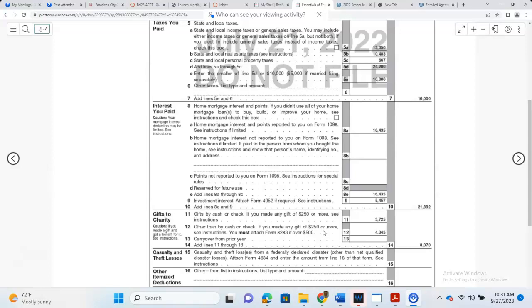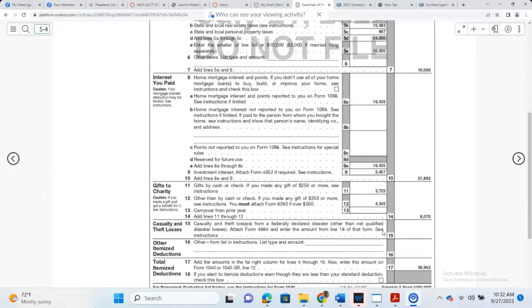What is the carryover from prior year? Let's say you did a contribution of more than that 60%. The remaining amount that you can't use this year, you can carry over up to 5 years to the next year.